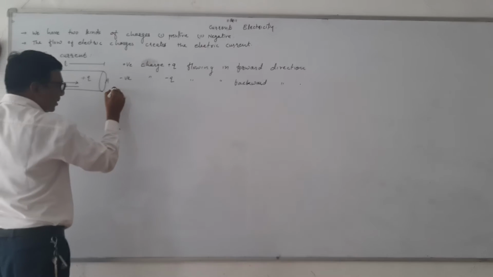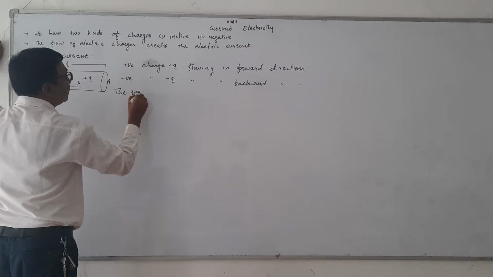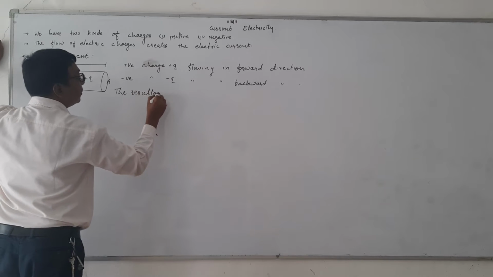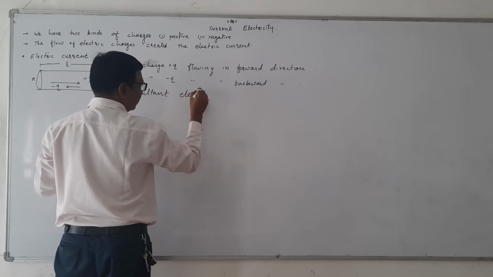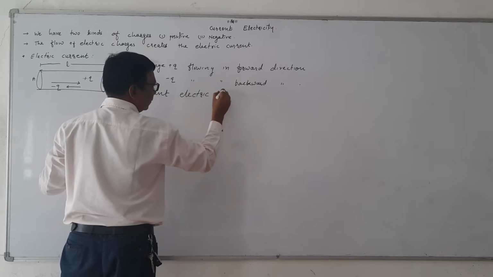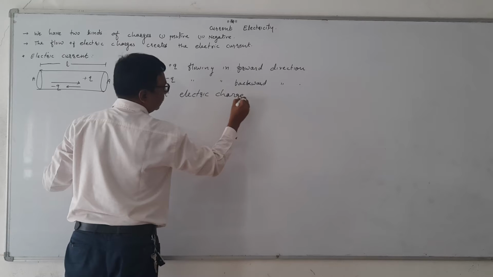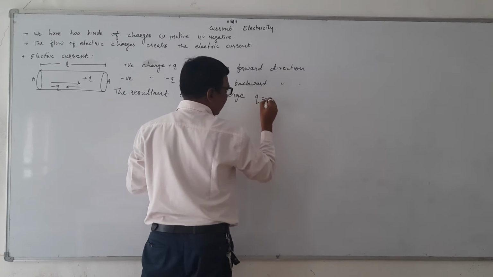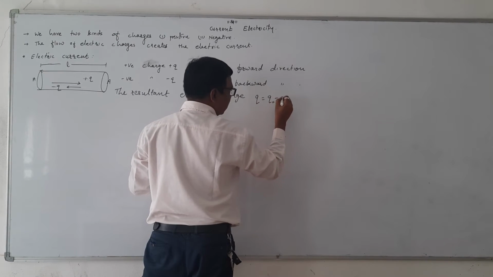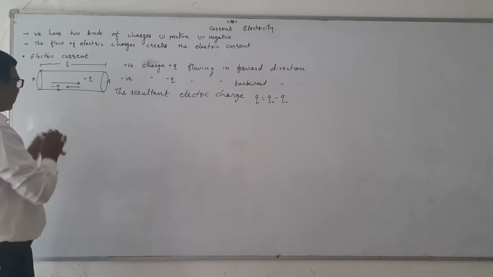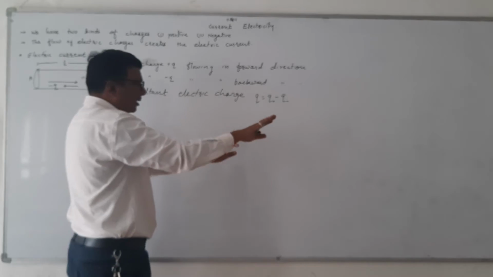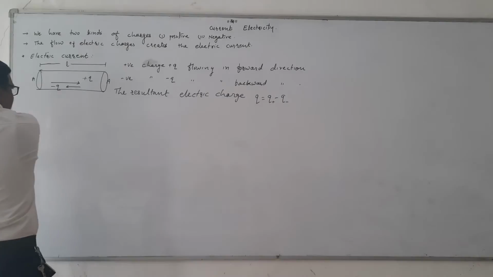So the resultant electric charge Q is equal to Q plus Q, because positive charges are flowing in this direction and negative charges are flowing in this direction.